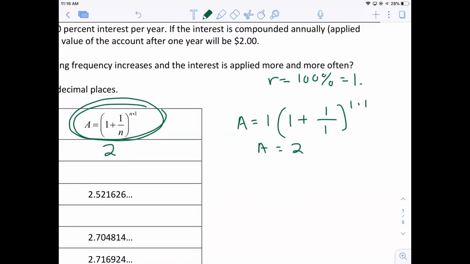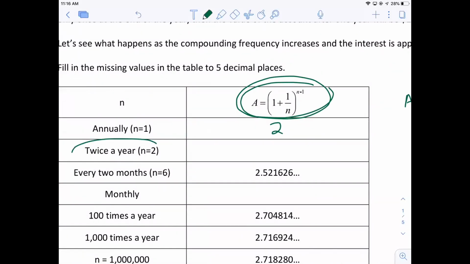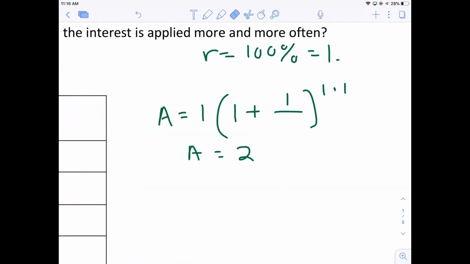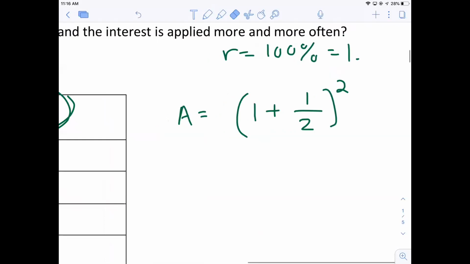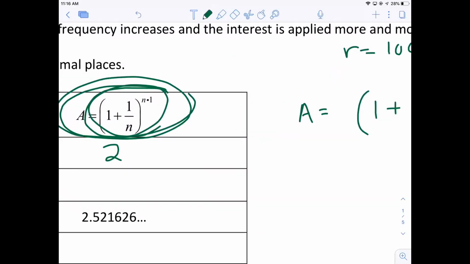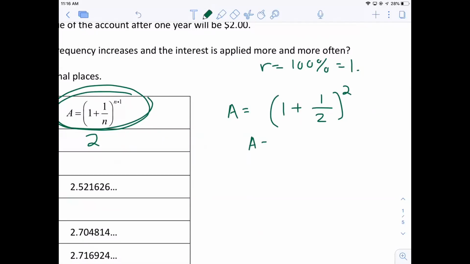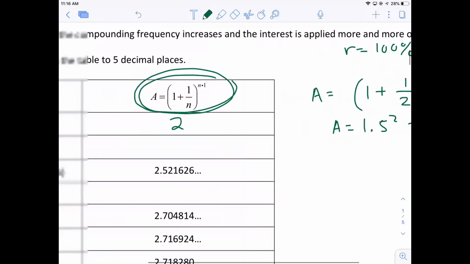All right, so let's see what happens when we compound 2 times a year, when n is 2. Then that will be to the second power. It's really just this formula here that we're using. So when that happens, this is equal to 1.5 squared, which is 2.25. And that's actually really good.